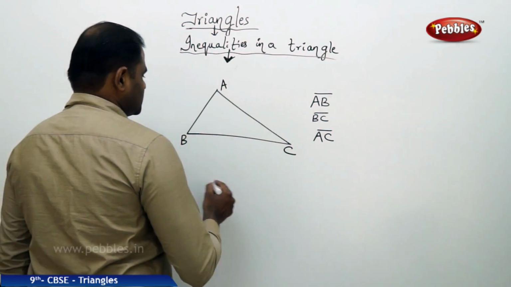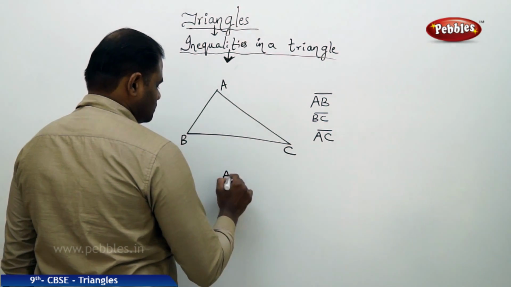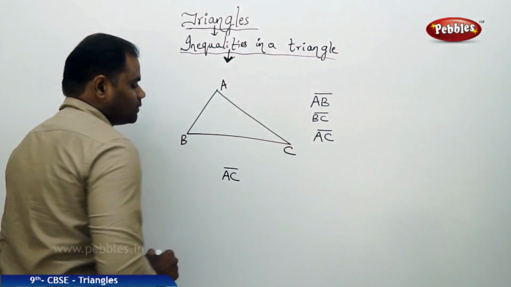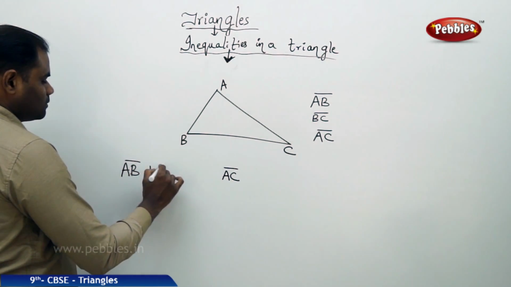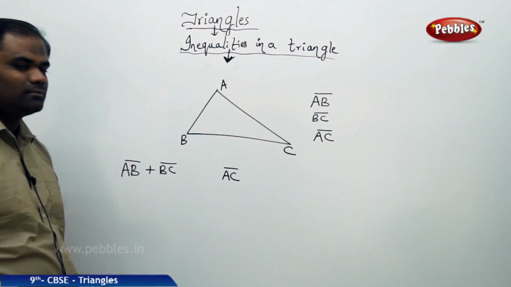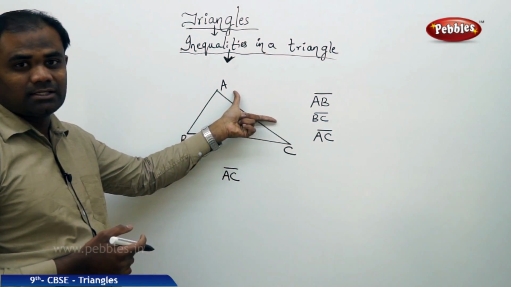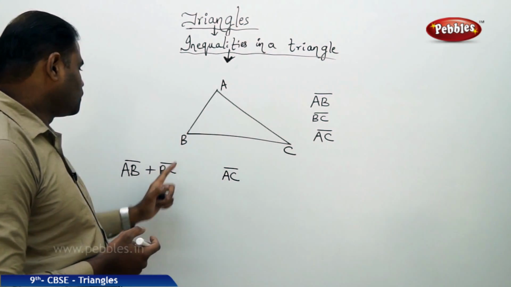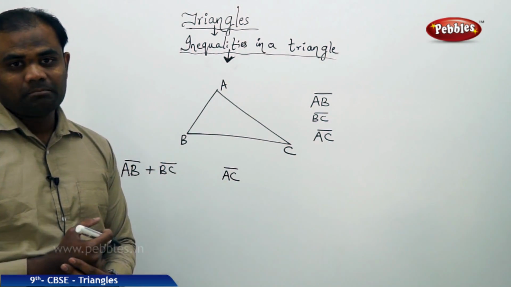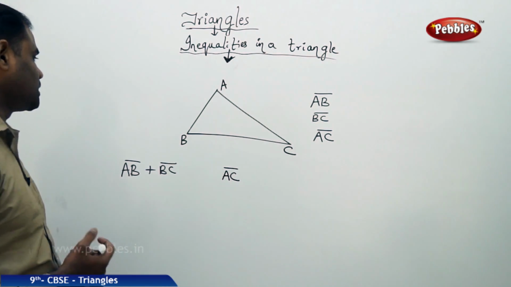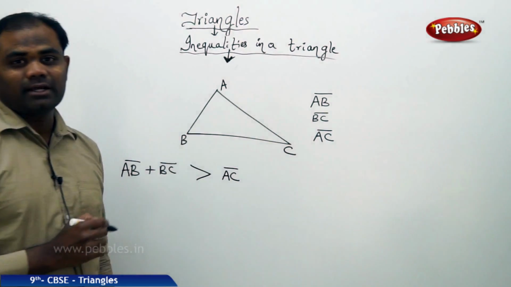Suppose I want to take BC and the sum of the other two sides, AB plus AC. How do I relate the three sides? Mathematically, the property says that the sum of two sides will always be greater than the third side.